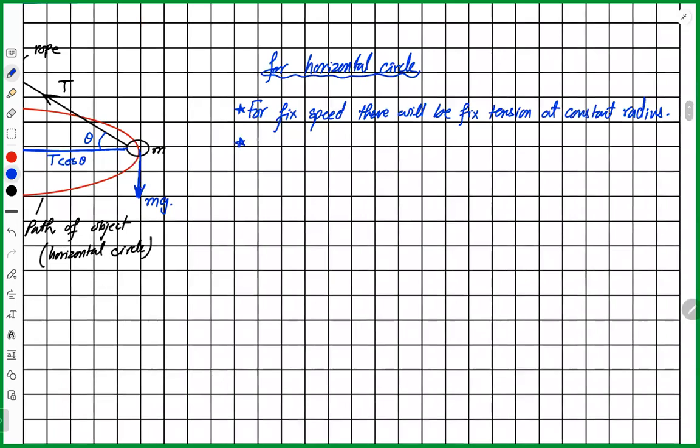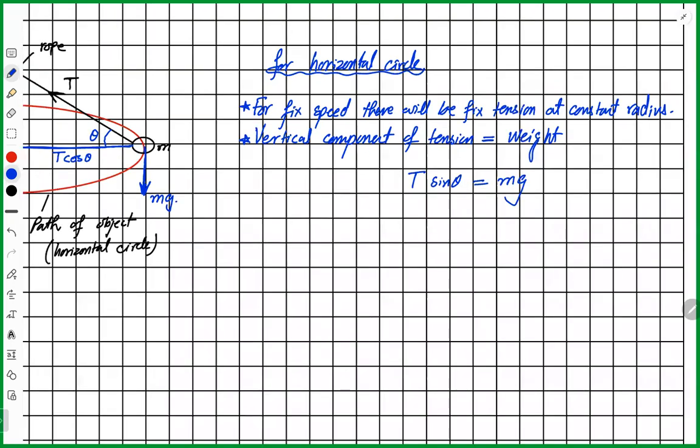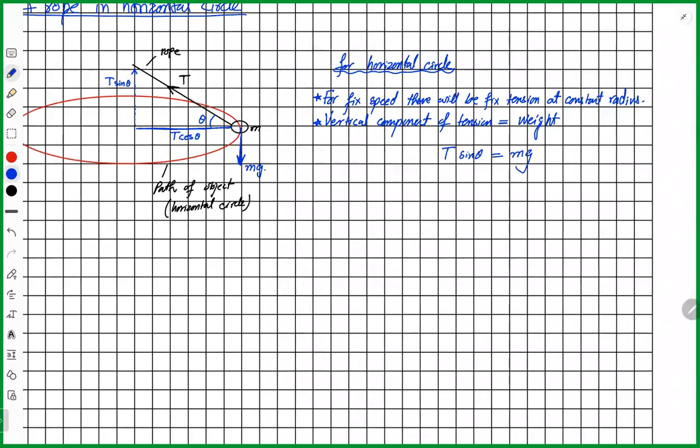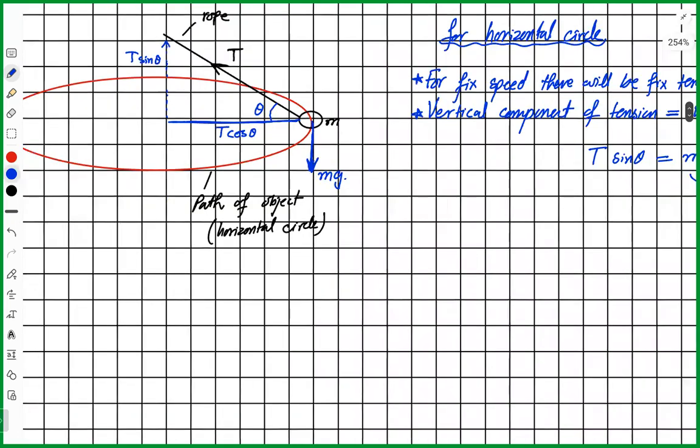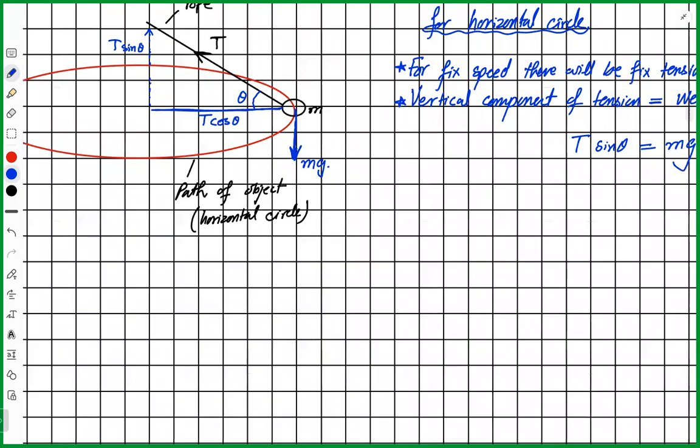Number 2, the vertical component of tension is equal to weight. That T sin theta component will always be equal to mg, because T sin theta is upward and mg is downward, and they cancel one another.